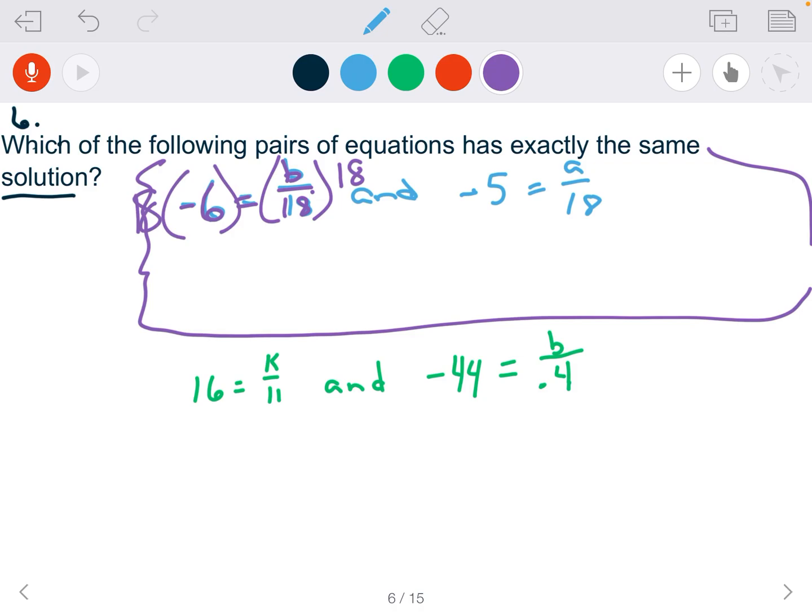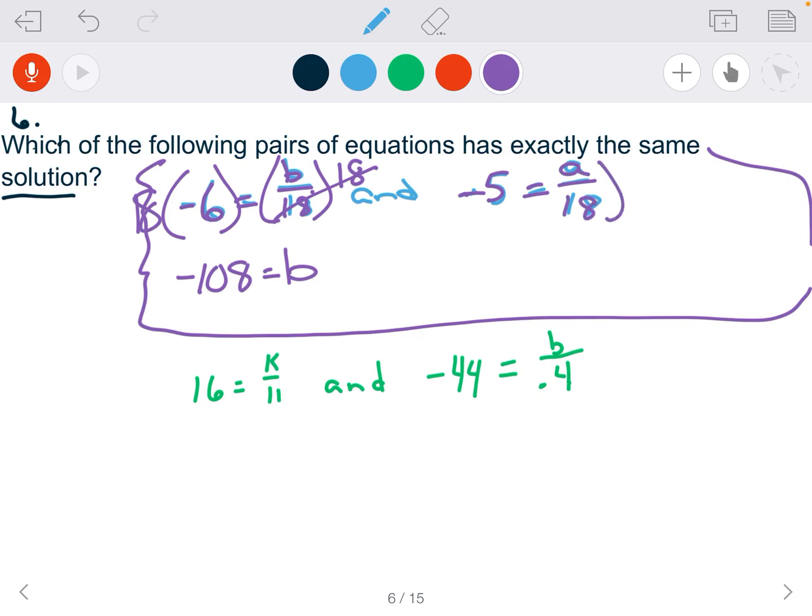And I get 18 times -6, which gives me a -108 up here, and I'm left with b because my 18s cancel out. So over here, I've got -5 equals a over 18.